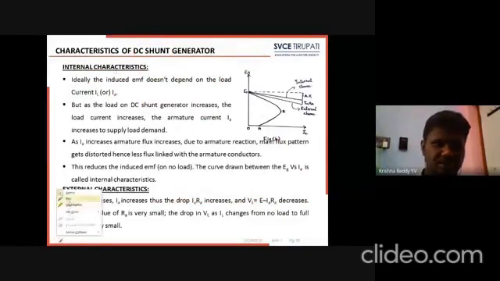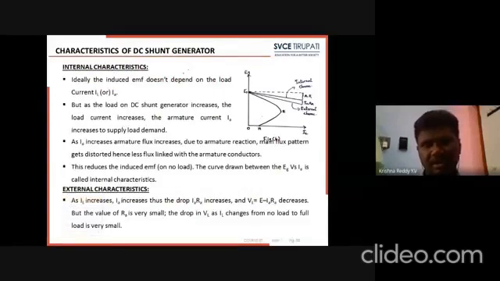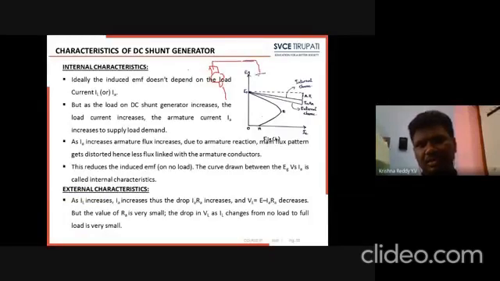Now, internal and external characteristics. In the previous case, it is a separately excited generator. The armature and load are connected in series, that's why Ia is equal to IL.